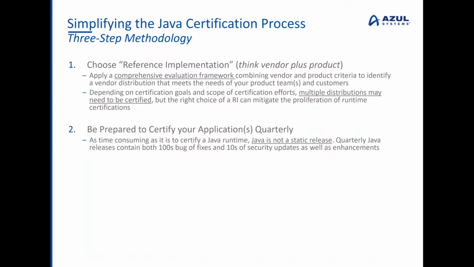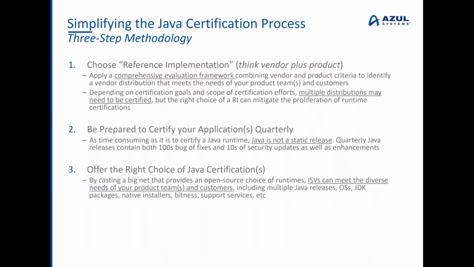Part of this recommendation today is that you focus on those quarterly releases and provide at least some testing as part of your standard process. Now, you might find that a release comes out with very few security fixes and a minor number of bug fixes, and you can do essentially a smoke test just to make sure that the out-of-the-box experience is sufficient. But be prepared is the key takeaway here. There are no shortcuts when it comes to ongoing certification with Java.